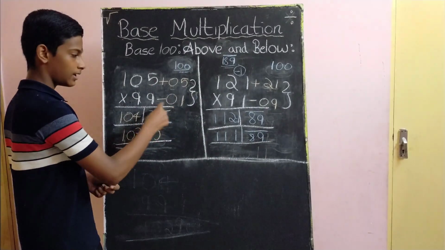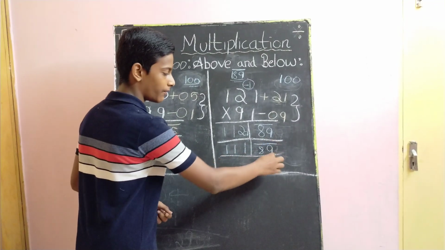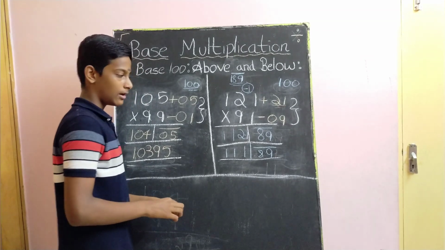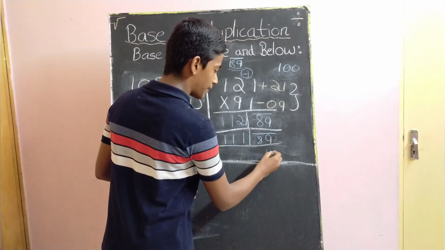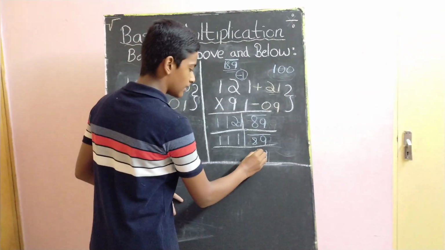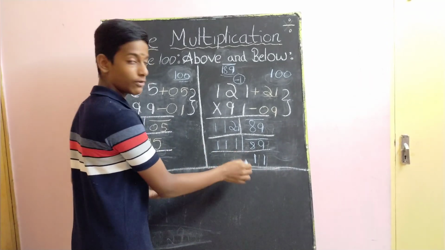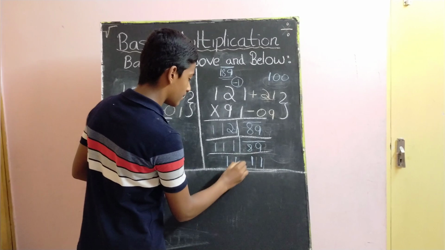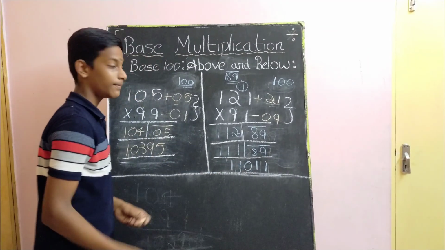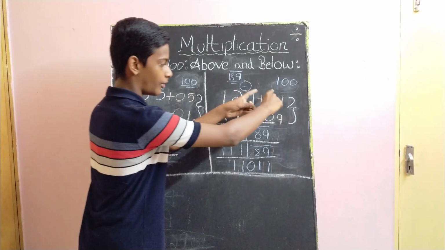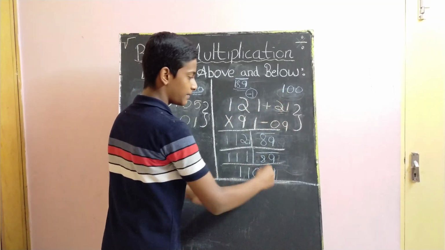For converting this number into a positive number, we must write the complement of this number using the all from 9 last from 10 method. Here 10 minus 9 gives us 1 and 9 minus 8 gives us 1, and here we are not writing 111 as it is. Instead we are reducing 1, which gives us 11011 as our product.